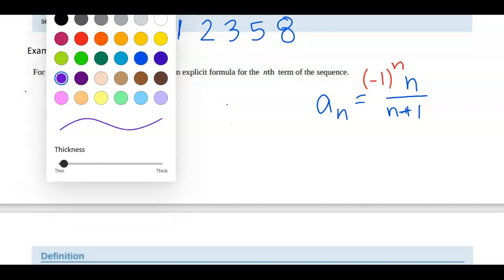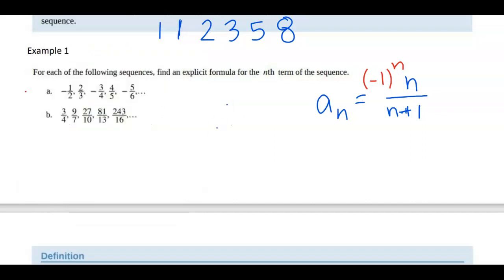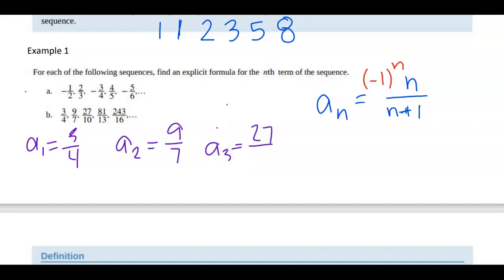So on this one, actually I'm going to change colors to purple. On this one, I have A1 is 3/4, and then I have A2 is 9/7, and I have A3 is 27/10. Now I'm noticing the top is always a multiple of 3. This is 3 to the power of 1, this is 3 to the power of 2, this is 3 to the power of 3.